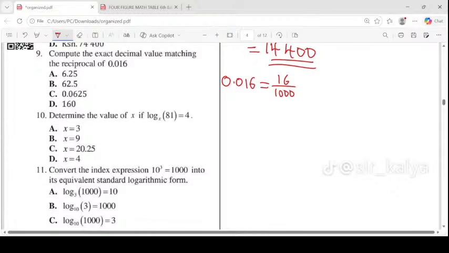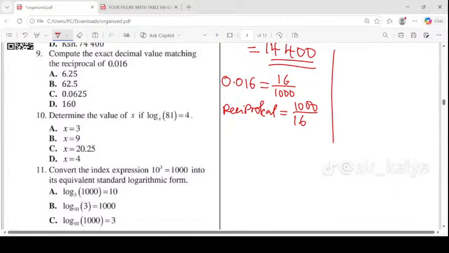The reciprocal of 16 over 1,000 is 1,000 over 16. So what is the decimal equivalent of 1,000 over 16?